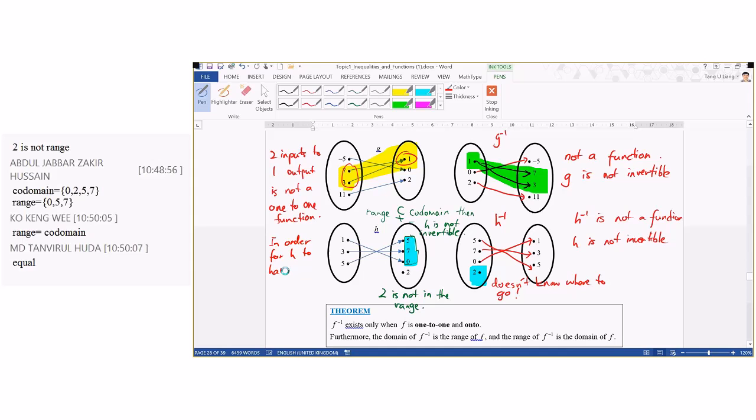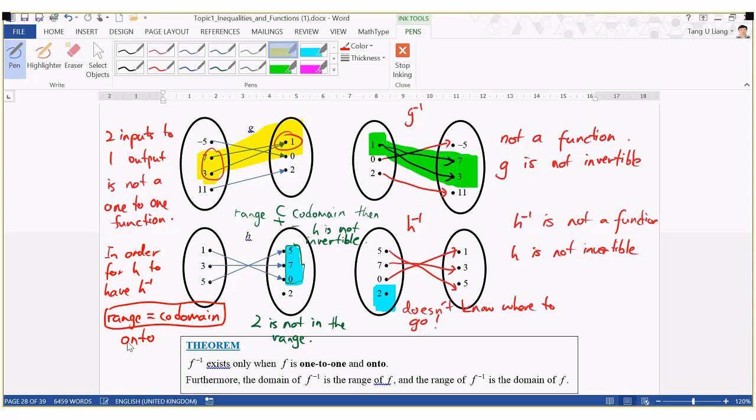If the range of a function is equal to its codomain, we call this function an onto function. A function which is onto is when the range is equal to its codomain. Onto, O-N-T-O, not one to.